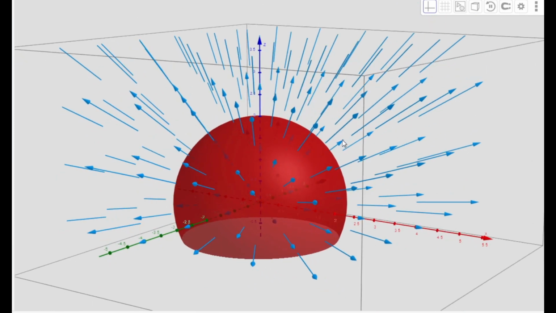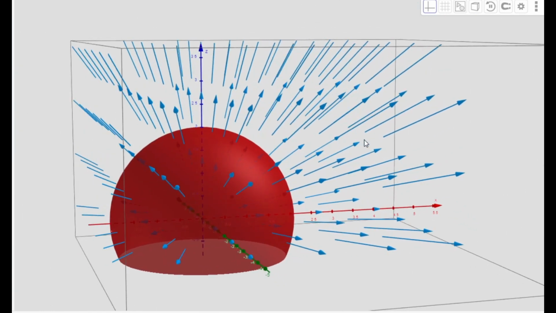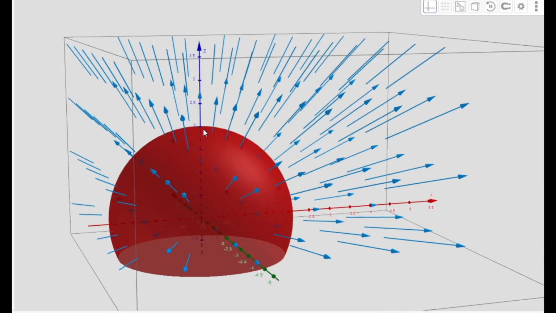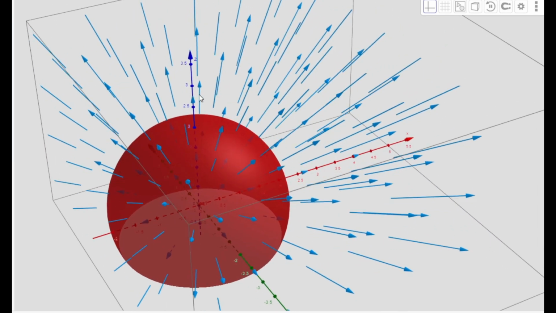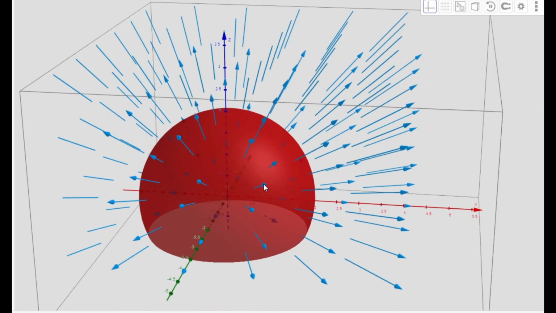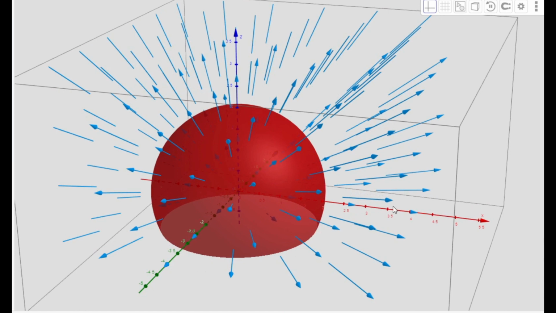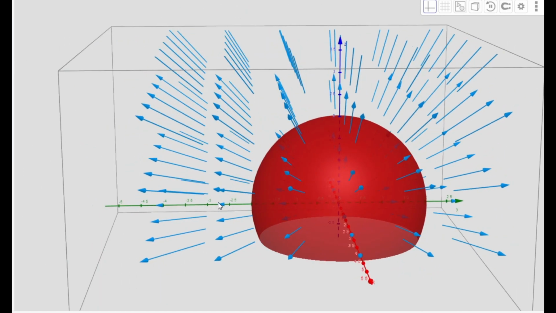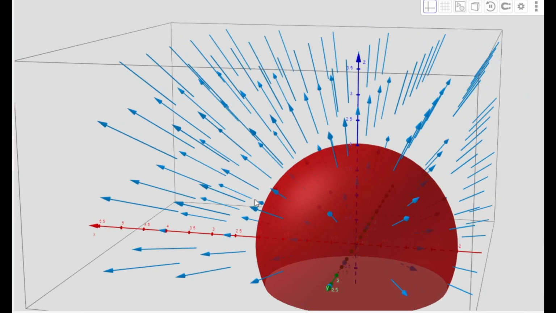Are they perpendicular? Look at the z axis, the corresponding vector, this vector, right? Look at the x axis, the red color axis, the corresponding vector. Look at the y axis, green color, the corresponding vector. So they are perpendicular, right?